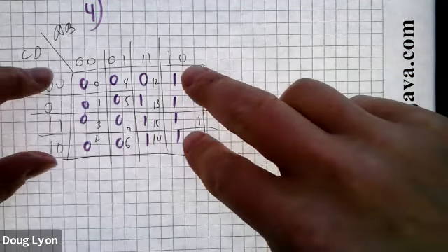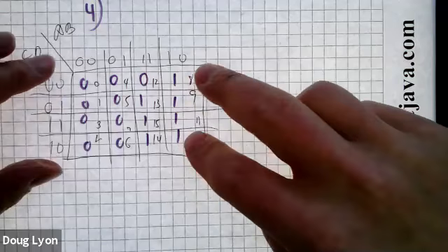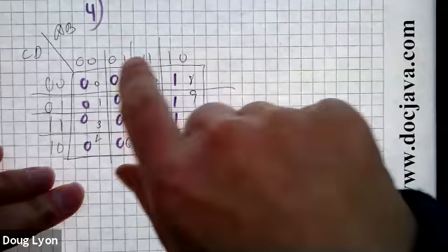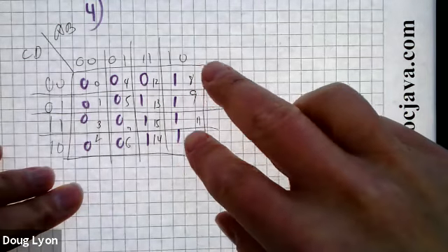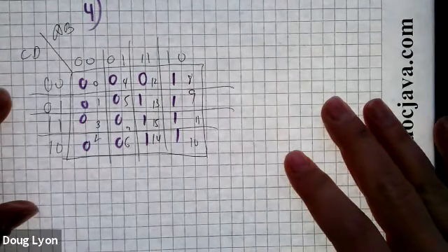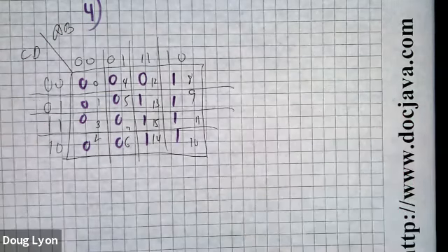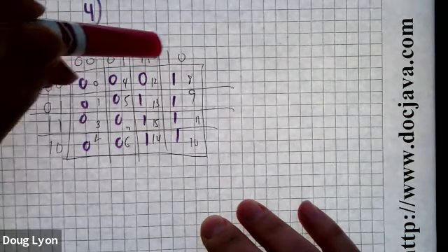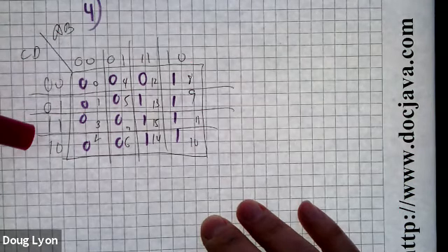Okay, so this KMAP I filled in from a truth table. You want to know how I numbered across the top, right? No, I see how you numbered it, but how do you take those numbers and then extract what value should be in the boxes when they cross over?